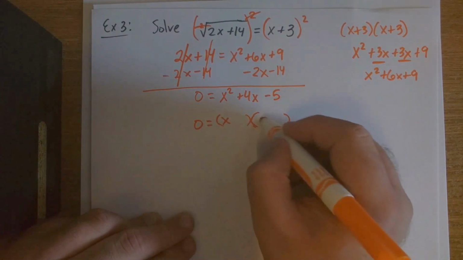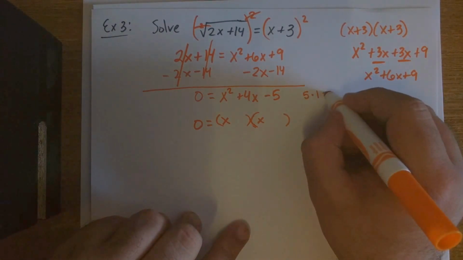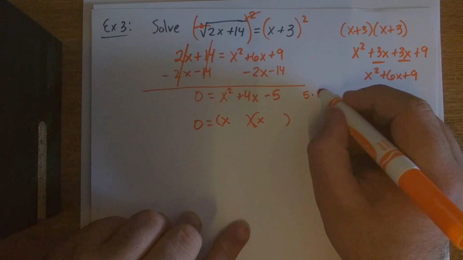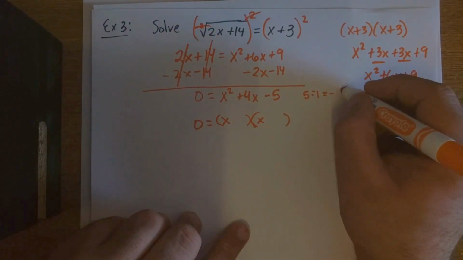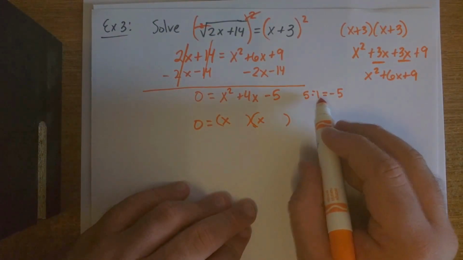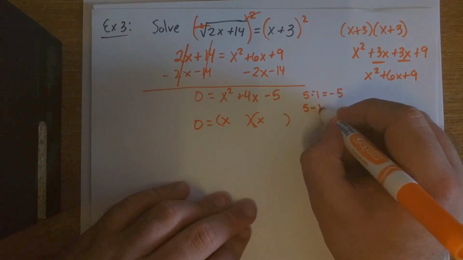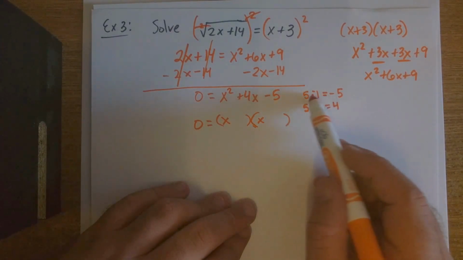So we have x and x. So 5 times negative 1 is negative 5. And I chose 5 and negative 1 because 5 minus 1 is positive 4. Remember, what times what is negative 5?